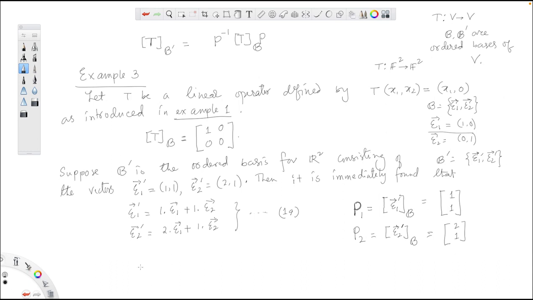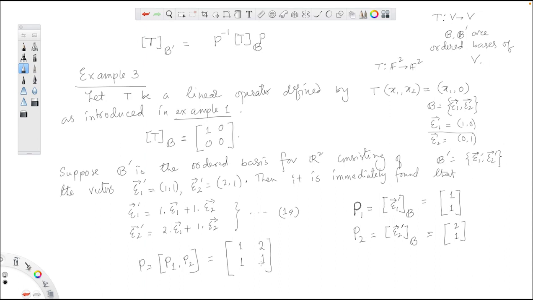So we know that P is equal to P1, P2. It's just a notation which states that P can be written as a collection of column vectors, and this is the matrix with rows (1, 2) and (1, 1). That's the invertible matrix.